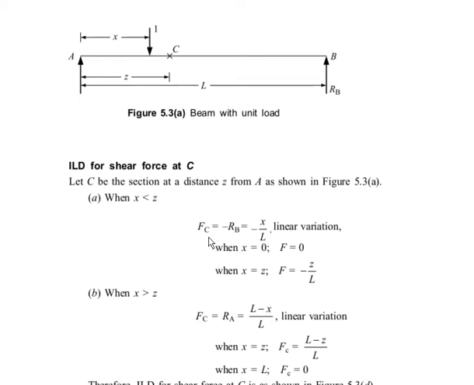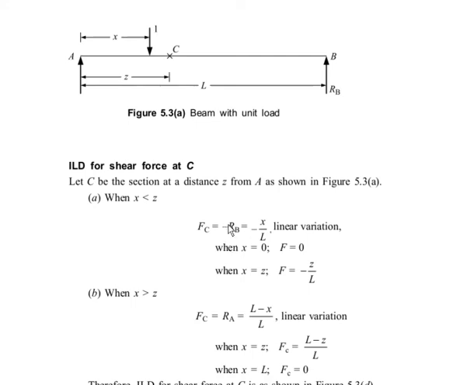So here they have taken the shear force at C is equal to minus RB, because from this side we have to consider only one reaction. So shear force at C is equal to minus RB. We have already calculated the value of RB in the last ILD.